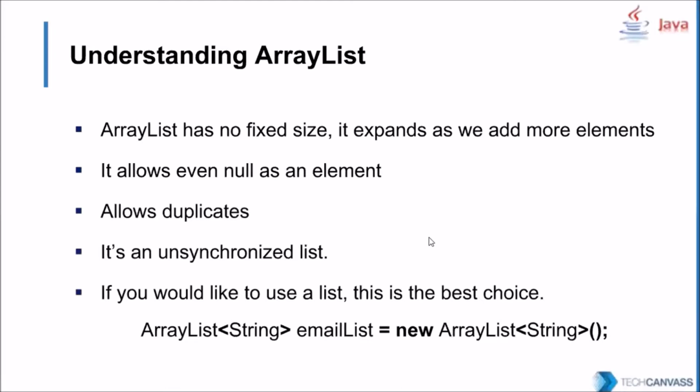So the difference between array list and array is that arrays have fixed length. If it is full, you cannot add any more elements to it. But in array list, you can add new elements.